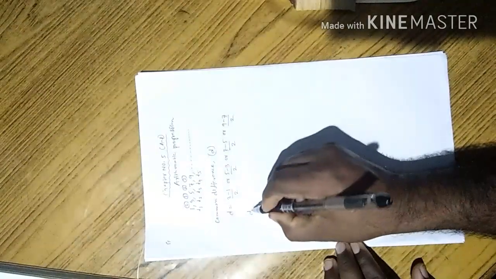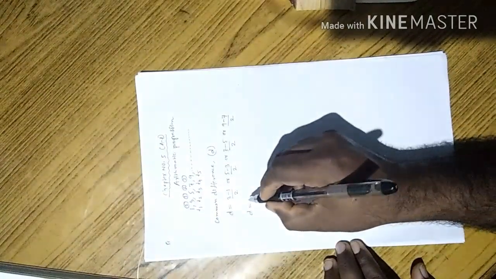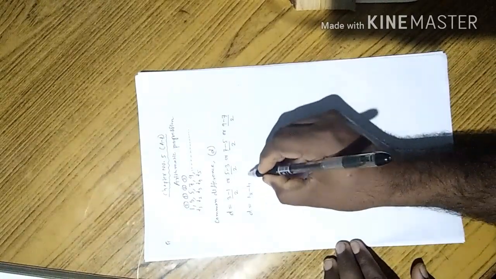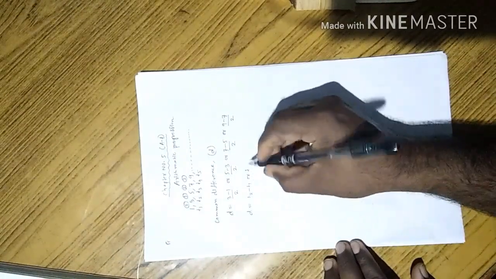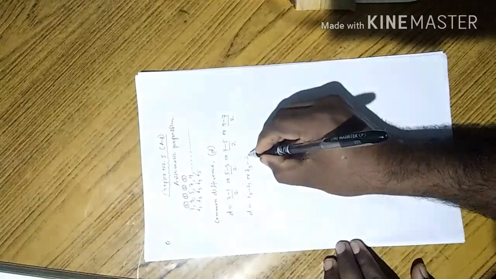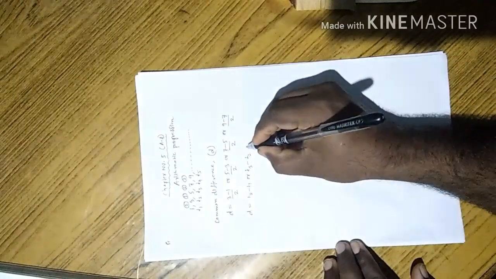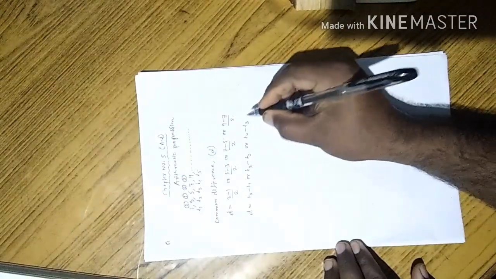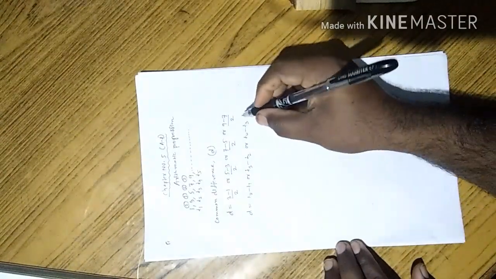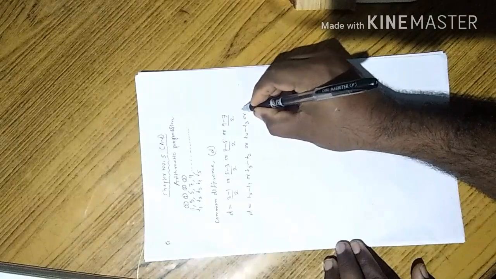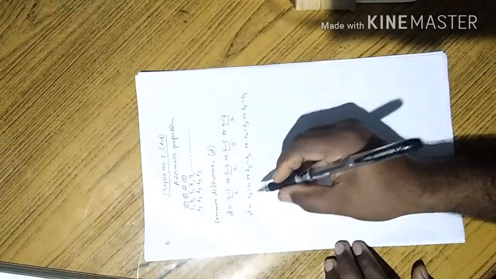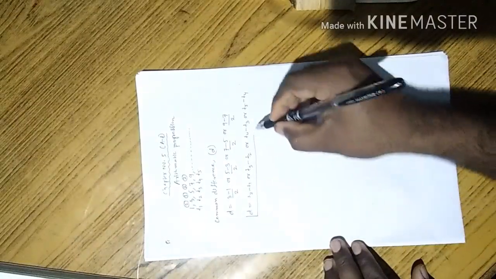So, this we can write as second term minus first term, or third term minus second term, or fourth term minus third term, or fifth term minus fourth term. So, this is called the common difference.